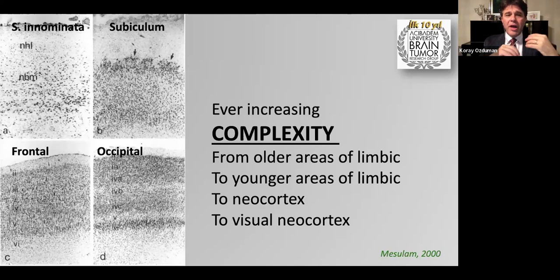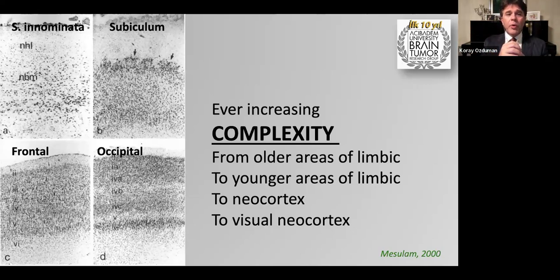Then other information comes to you about your drive to have offspring and your drive to eat and drink water to continue your homeostasis. Somebody needs to gather all this information, associate it, and come to a conclusion about it.